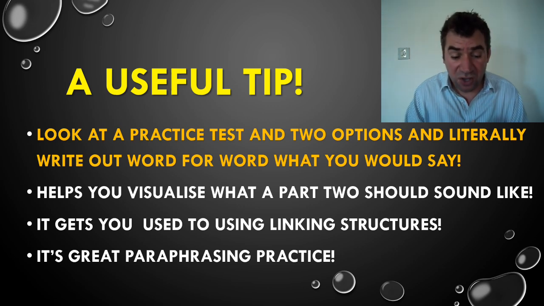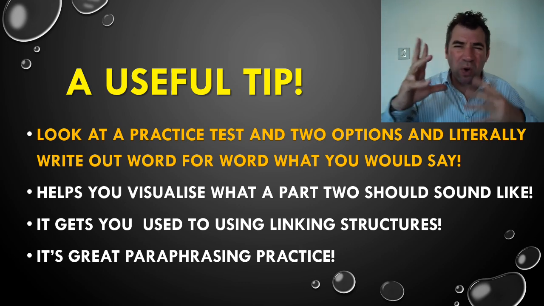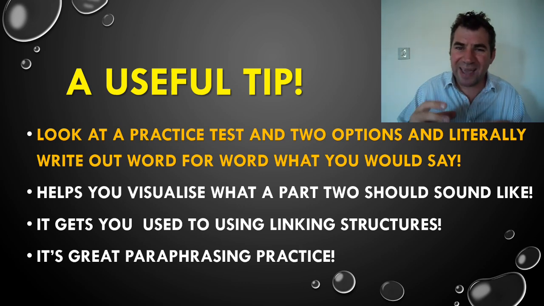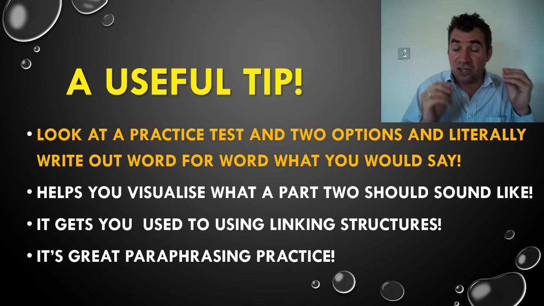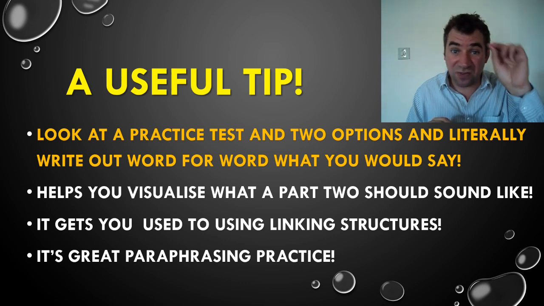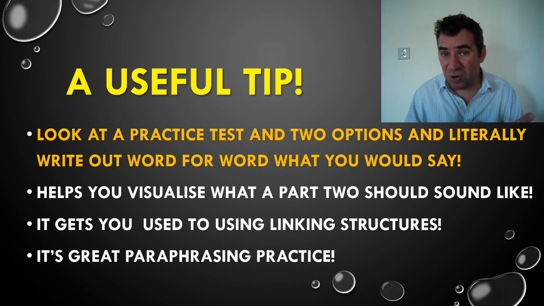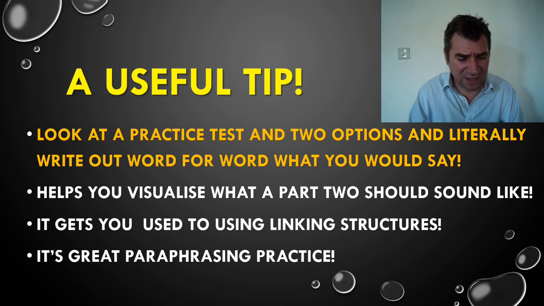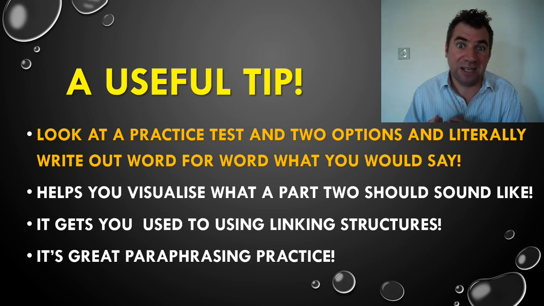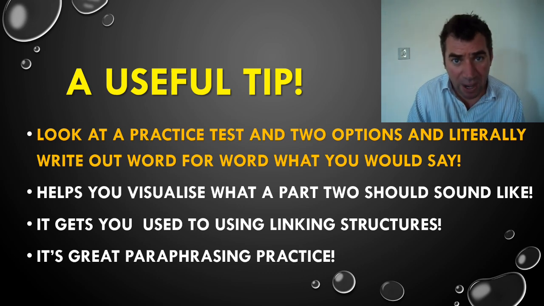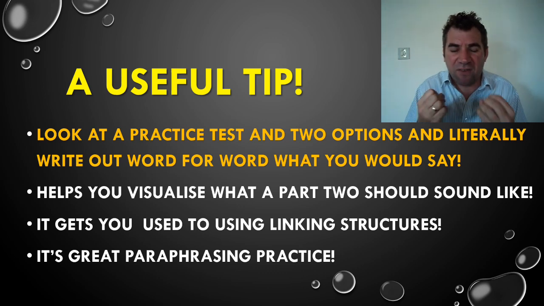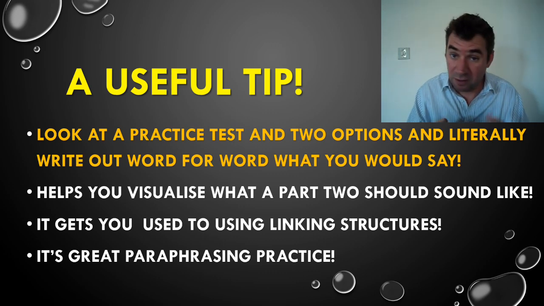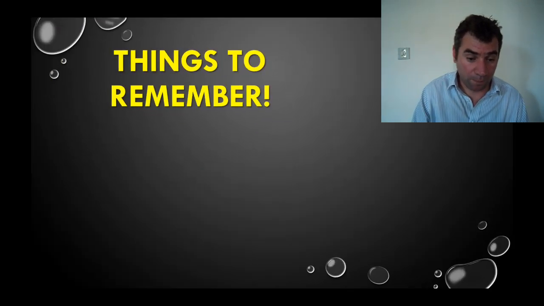But it is very useful because it helps you visualize what a part 2 should look like and sound like. It gets you used to using all the linking structures, firstly, secondly, last but not least, all these types of things. And it's really good for your paraphrasing practice as well. And then you can kind of like read it out. So you can have a feel for what a good stage 2 sounds like. Very, very useful.